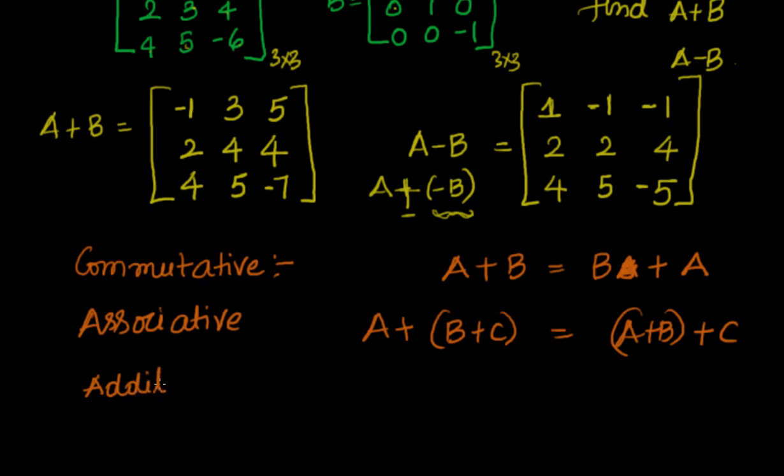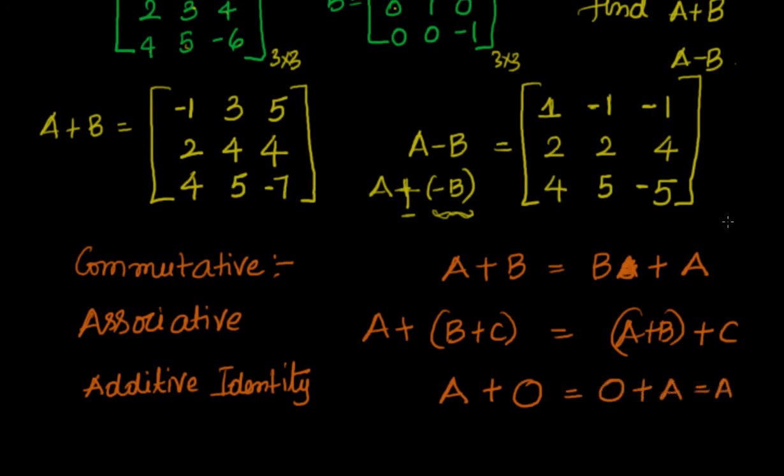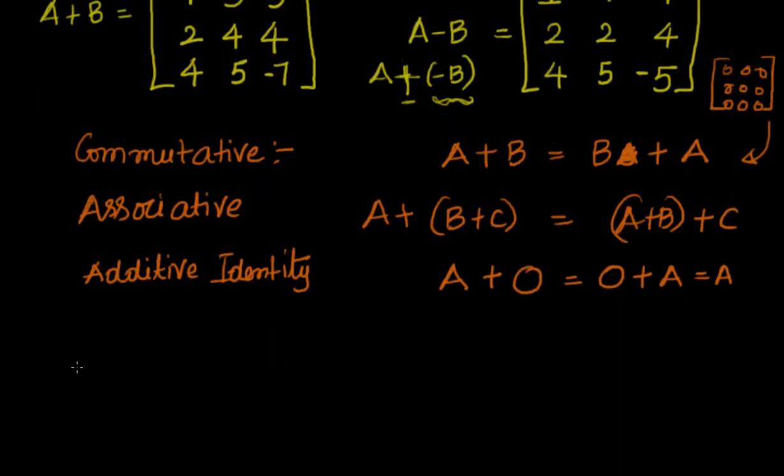Then we have additive identity. What's the meaning of additive identity? It is the matrix I can add to this matrix so that in return I will again get the same matrix. That's nothing but 0, the null matrix. The null matrix will be of the same order as that of A, but it will have all zeros as elements. Then what is the other one?